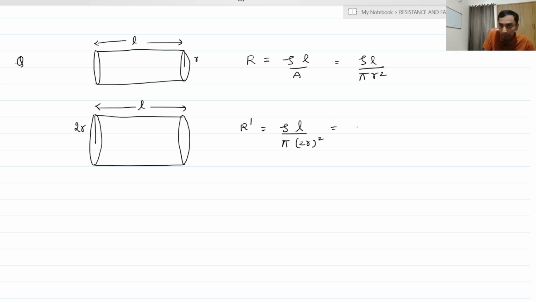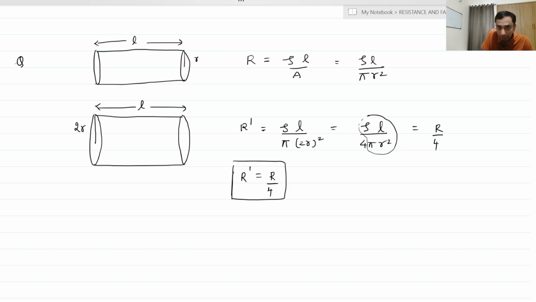So this will be rho L upon 4 pi r square, and this part, rho L upon pi r square, is equal to R, the previous resistance, divided by 4. So the overall resistance decreases by 4 times as compared to the previous resistance.